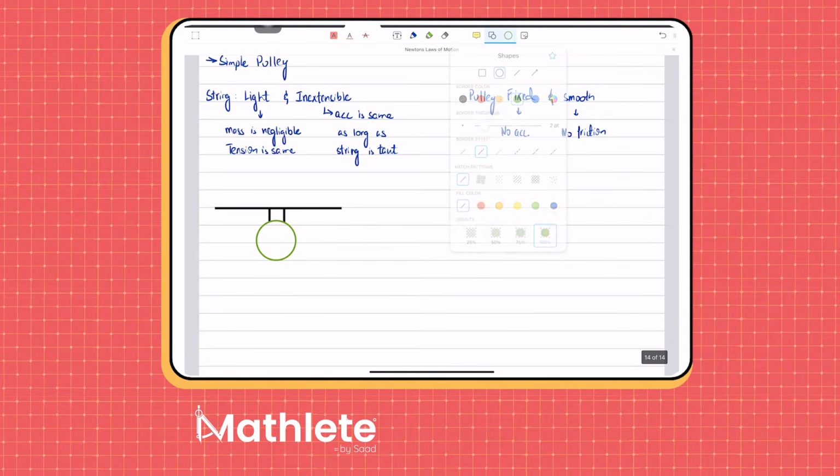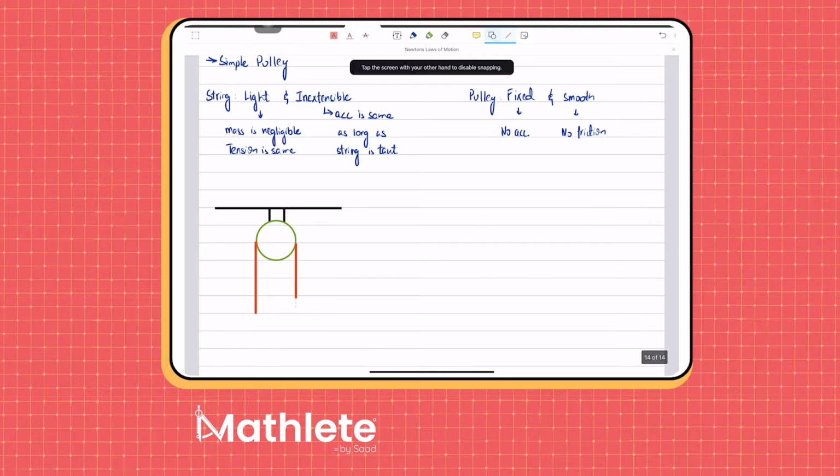From this pulley you have two objects or two particles hanging, something like this. Let's say this is A and this is B, and you can see they're at equal height.